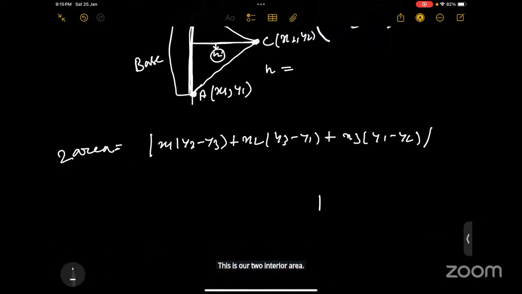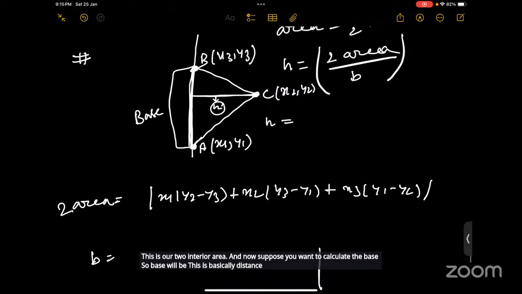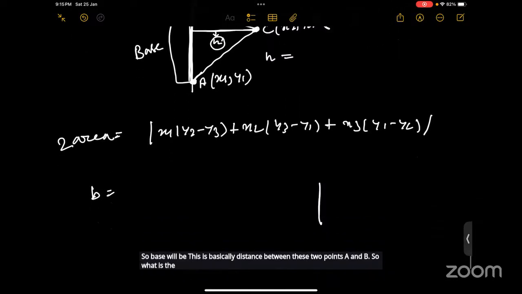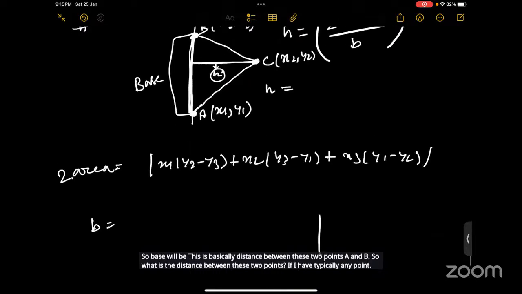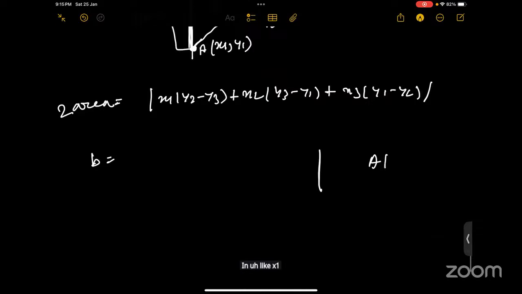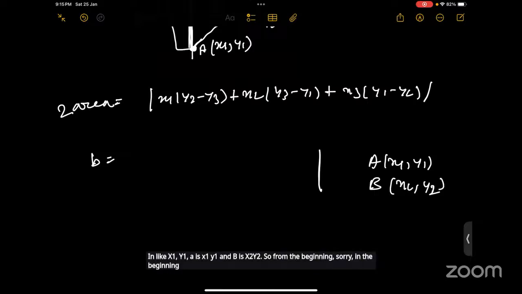And now suppose you want to calculate the base. Base is basically the distance between these 2 points A and B. If A is x1, y1 and B is x2, y2, in the beginning we calculated the distance between any 2 points, right?